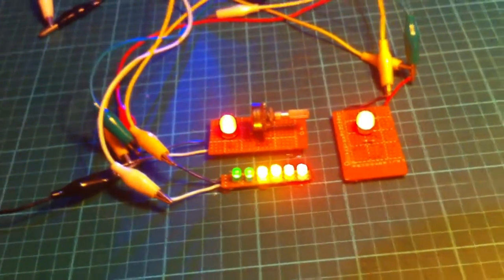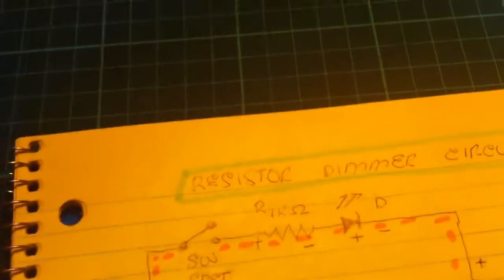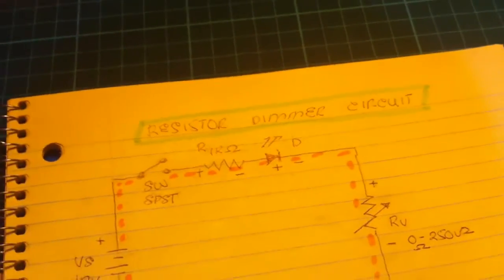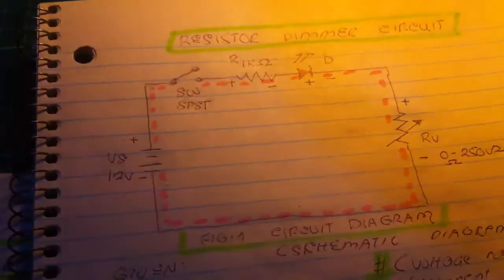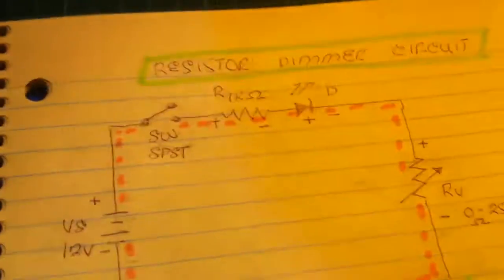Let us see the circuit. Where is the circuit diagram? Here. We have here a resistor dimmer circuit. This is the diagram.